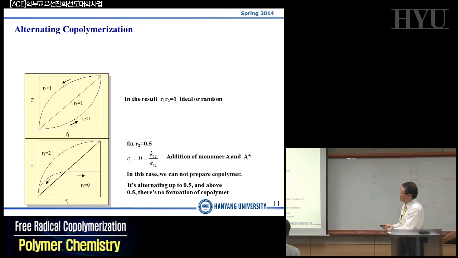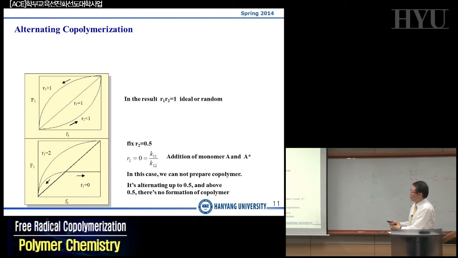Where R1 is less than 1, you always have the curve below the azeotropic line. Here in this case is the same. When R1 is equal to 2, then you have the upper bound. If R1 is equal to 0, it means that you have an alternating tendency, so that if you plot the small f1 and large F1, it will approach 0.5 in your final large F2. Right?